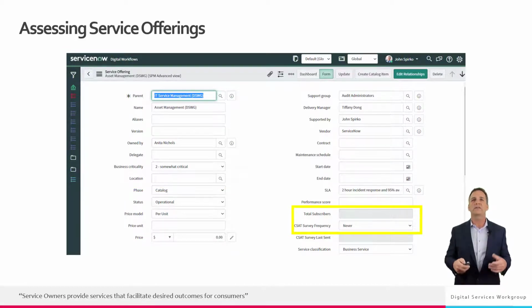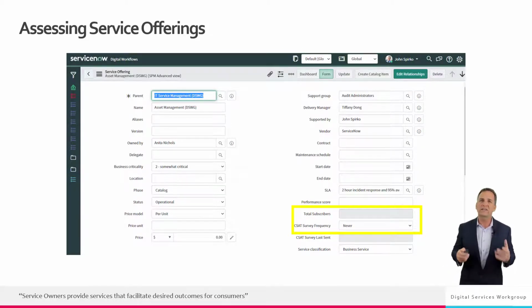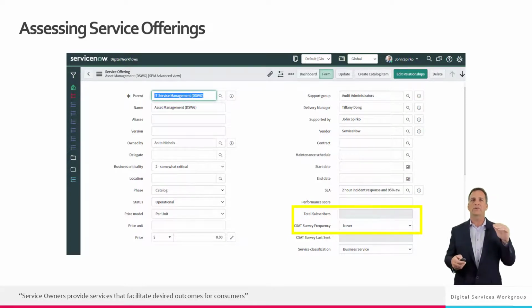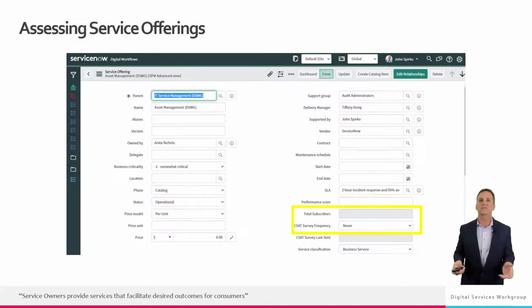Next, you'll notice that it talks about subscribers and customer satisfaction surveys. Service owners, again here, they're like entrepreneurs. Advertising, measuring satisfaction, maintaining subscribers is all part of the job. Remember, people aren't always forced to use your service. They can stand up their own service in some cases.